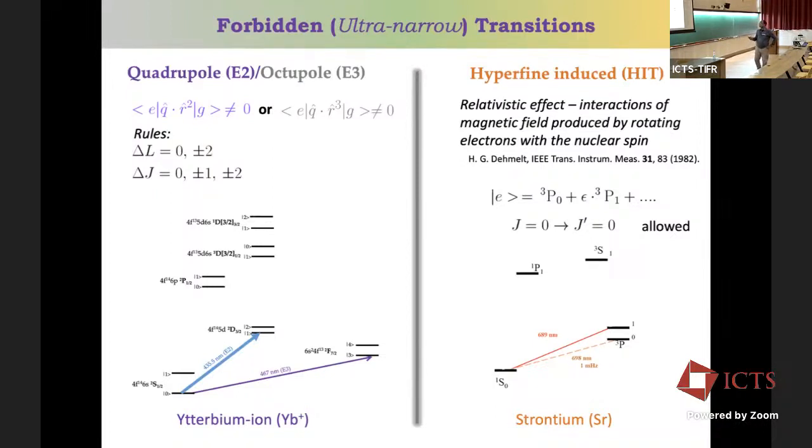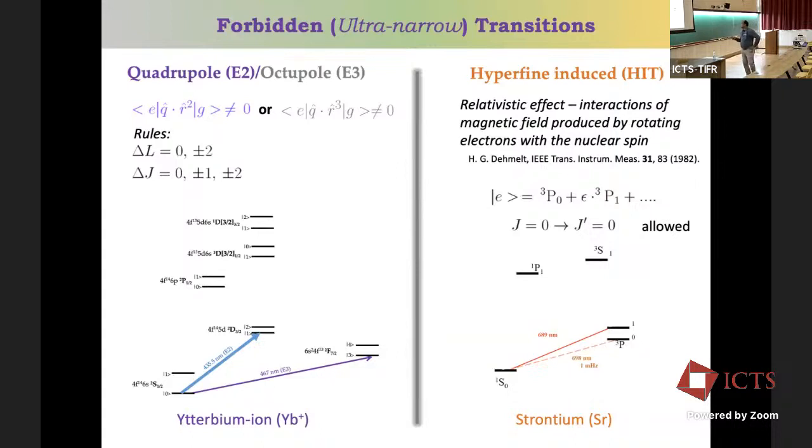There is another kind of forbidden transition, for example in the strontium atomic system. This is singlet S to triplet P, but you see this is 0 to 0. That means the angular momentum, what is happening to the photon's angular momentum? It is not conserved. So what is happening?